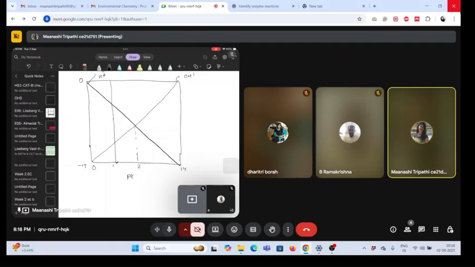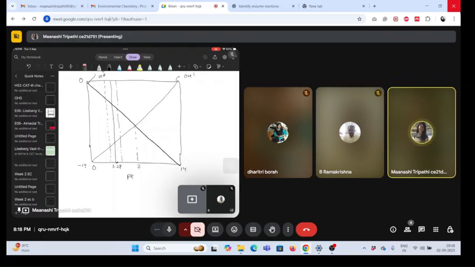So let's call it 3.29. And 1 unit either side we have to mark. And we have to find the equivalence point.